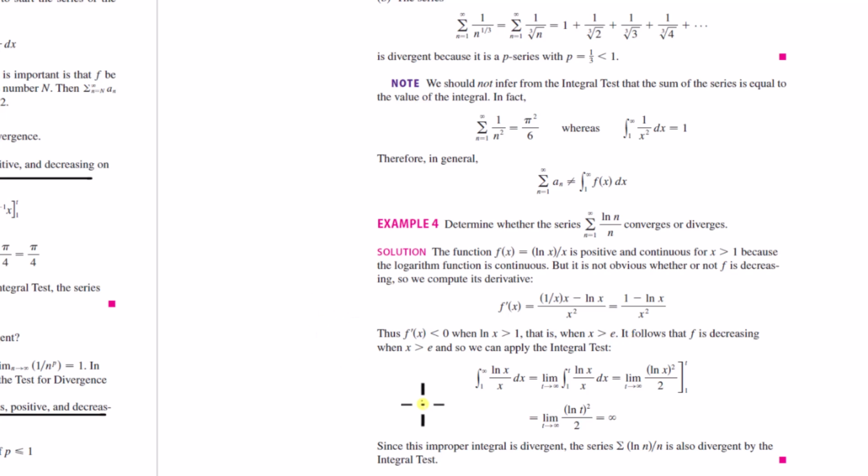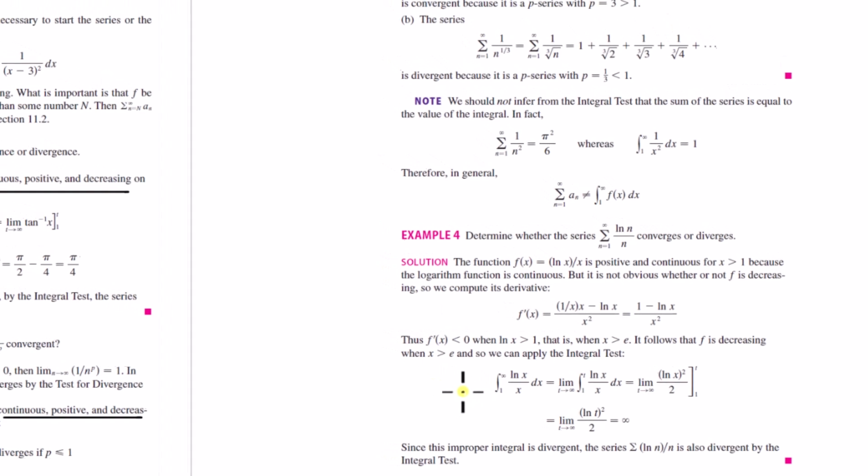Then you don't even have to take the improper integral starting at that value. You can just take the improper integral starting at the starting sequence value. It doesn't matter.